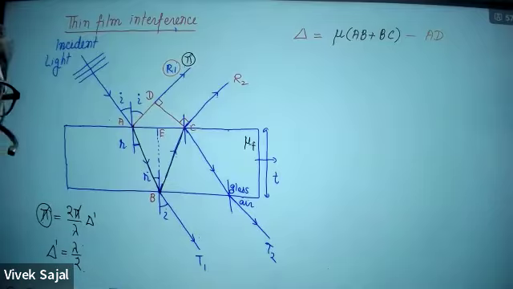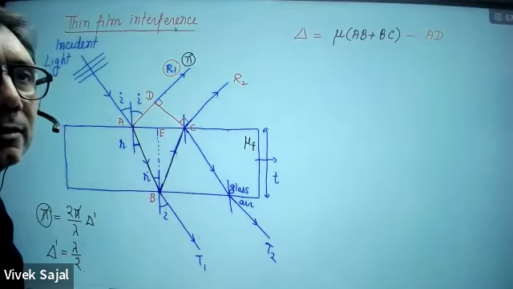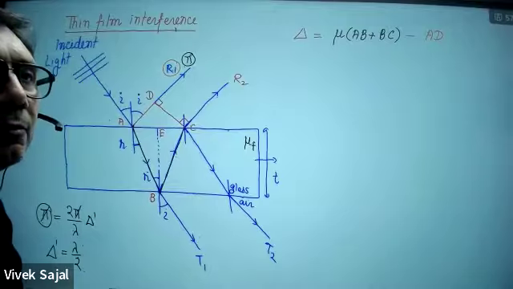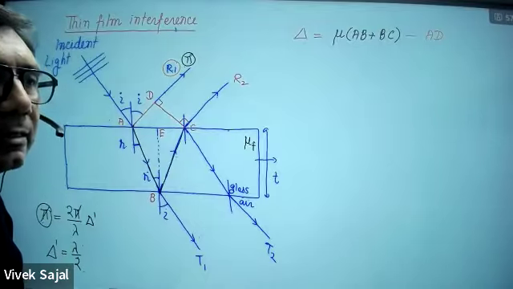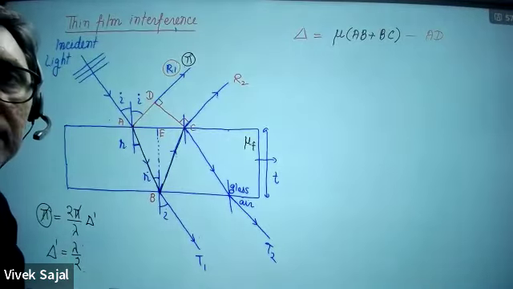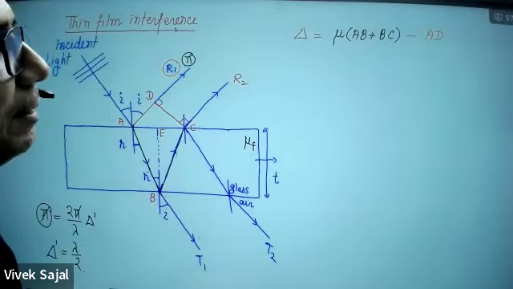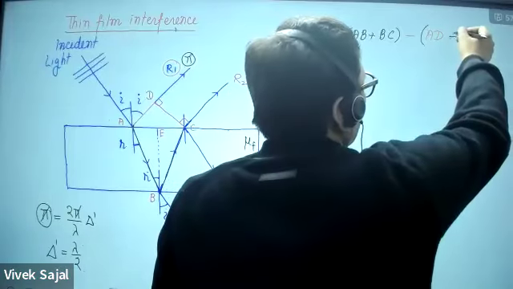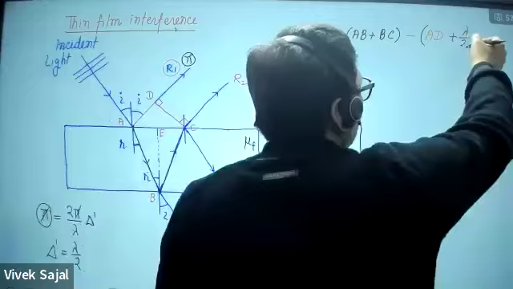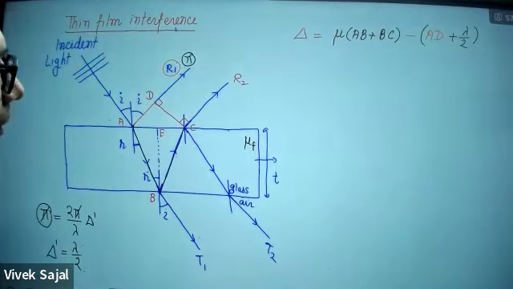Please write this: it means R1 has traveled an extra path of lambda by 2. So here, not only AD is traveled by it, but an extra path of lambda by 2 is also there. So this will be AD plus lambda by 2.